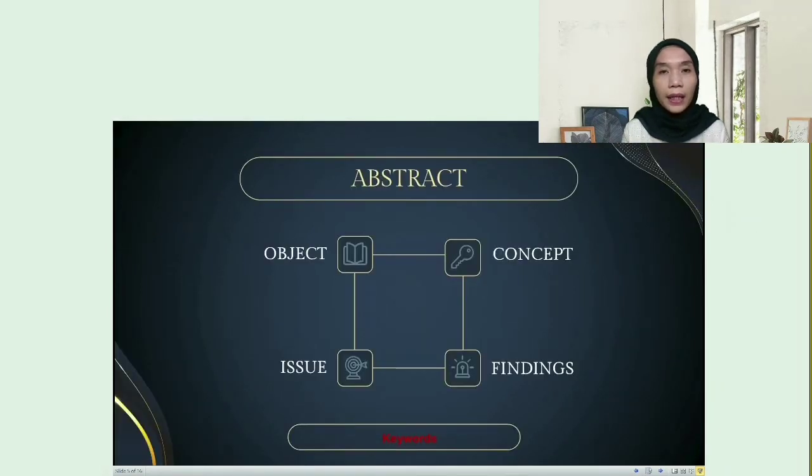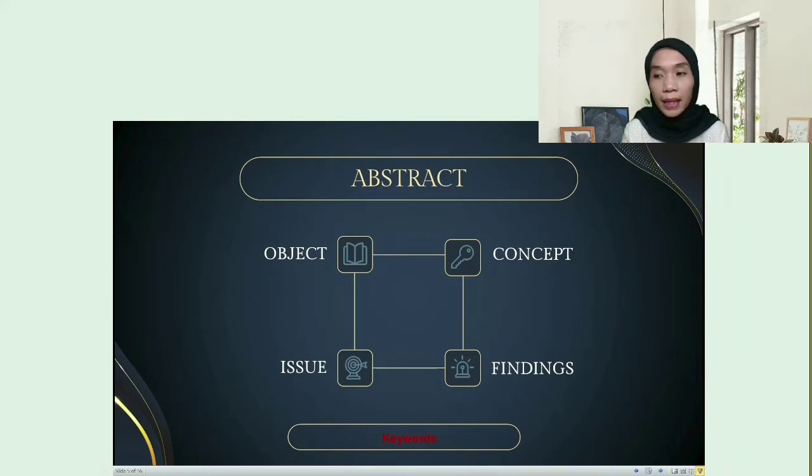Okay, and here is an infographic of an abstract. What you need to include: you have the object, and then the issue, and the concept or approach or theory needed to support your analysis, and then the findings. And here you have keywords.